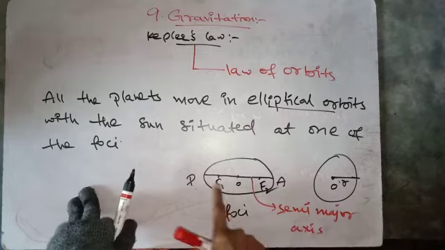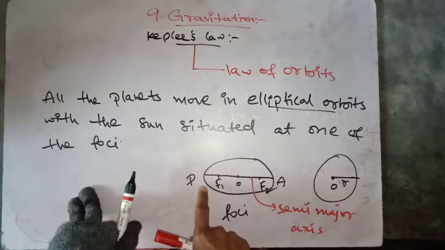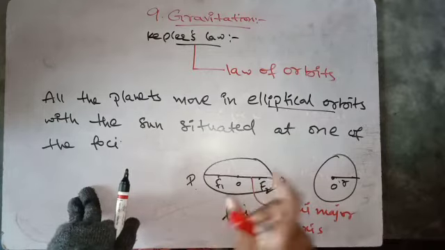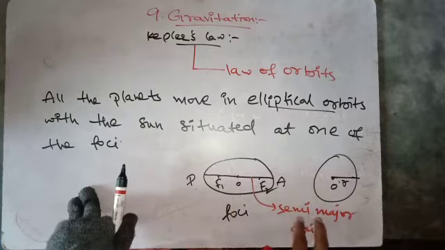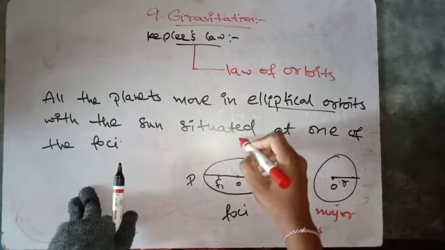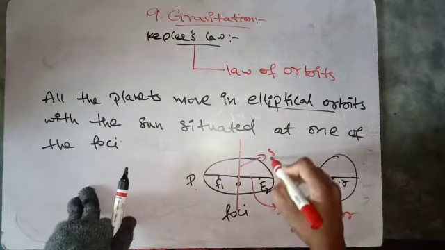And a perpendicular line which passes through the center is known as the semi-minor axis.